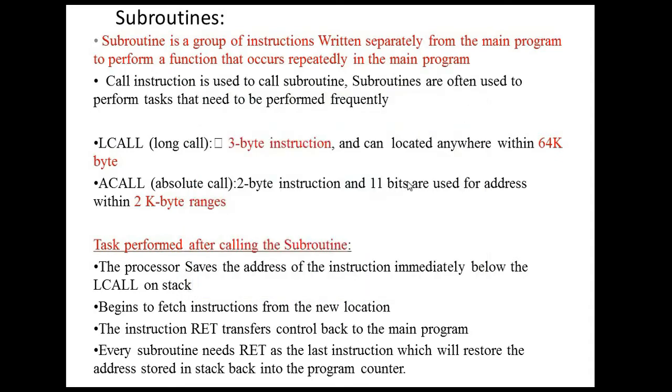Then it fetches the instruction from the new location, and at the end of the subroutine, when it executes the return instruction, it pops the address of the instruction stored in the stack. Later we will see the execution of a subroutine using the Keil compiler.